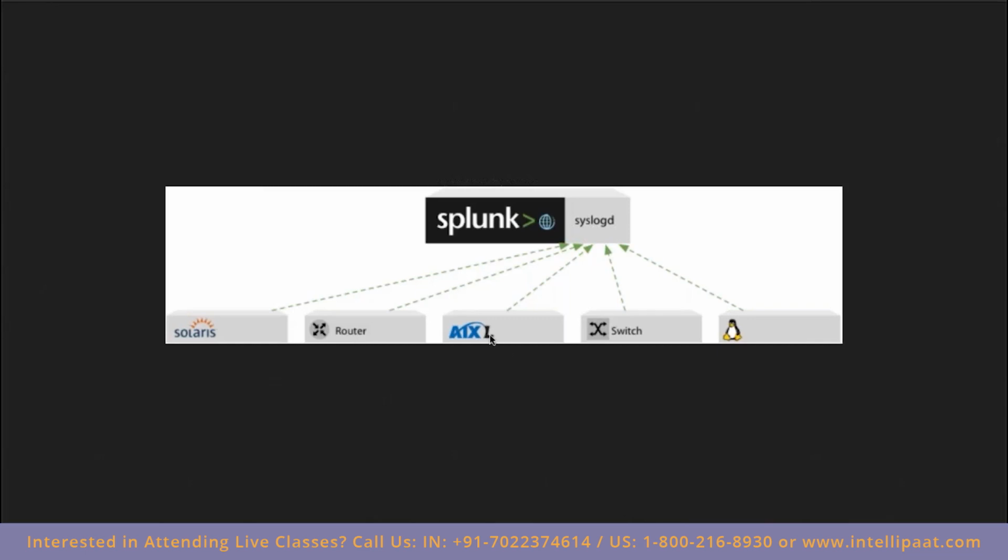And AIX systems and switches, of course, all makes and models of switches can forward the log to a remote host, and Linux based systems, right? But in case of Windows, what do you do? In case of Windows based security devices or anything of that sort, you have to configure the Windows event viewer to forward it.